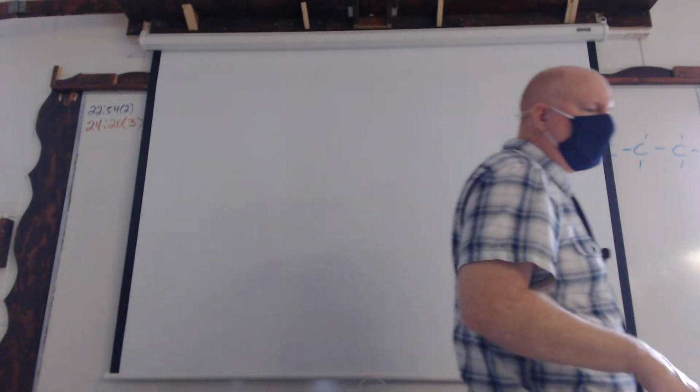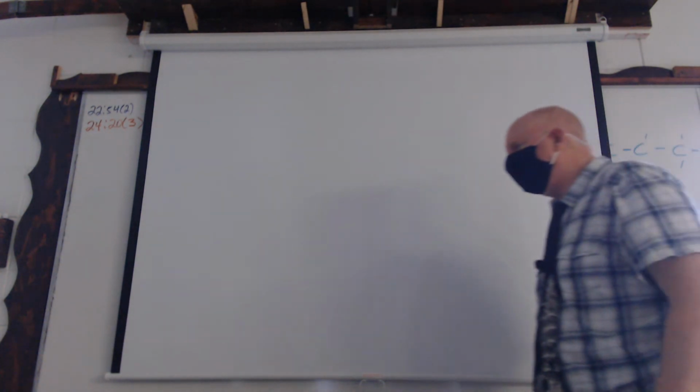Okay, so one of the things we've been looking at, these derivatives on page 308. If we're talking about a propyl group, how many different types of propyl groups are there? Or is there only one, or two, or three? That is correct.